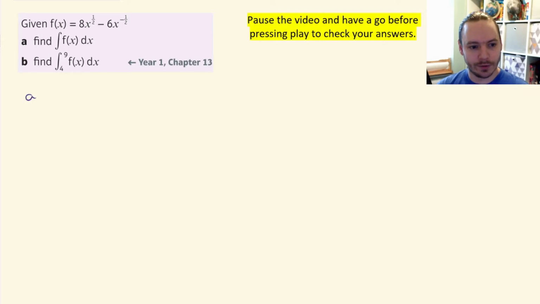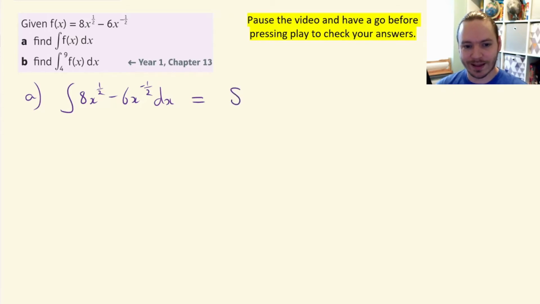Okay, so part A, if I want to integrate f of x, which is 8x to the half minus 6x to the minus half with respect to x, what I do is, because it's just a standard polynomial, I raise the power by 1 and then divide by that new power, the exact opposite of differentiating.